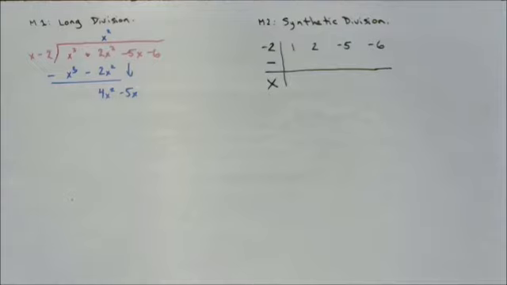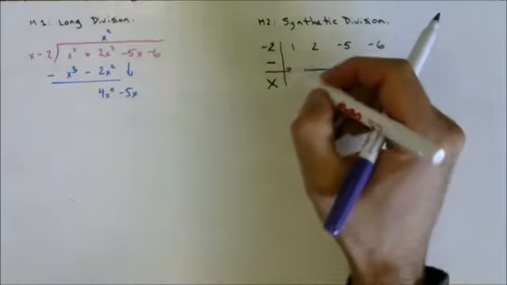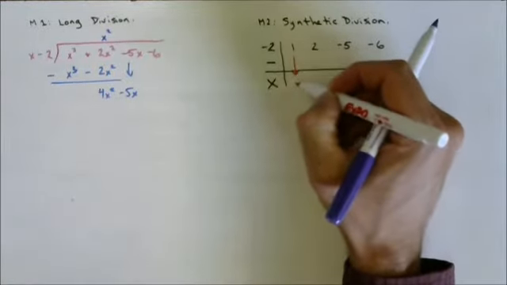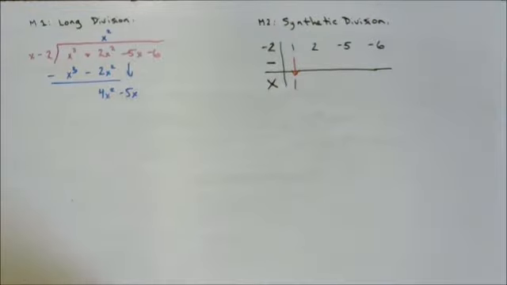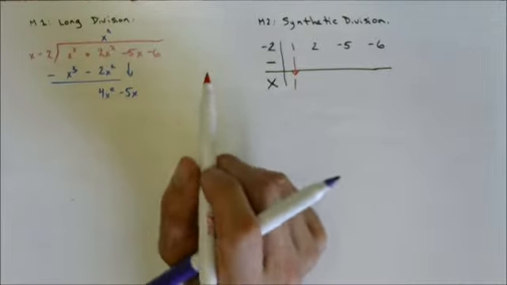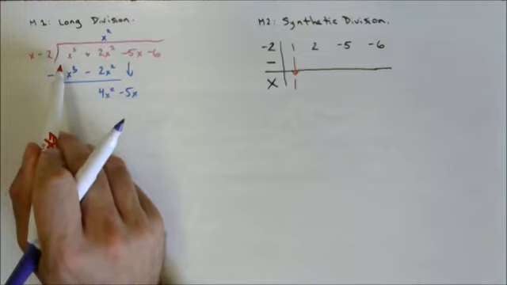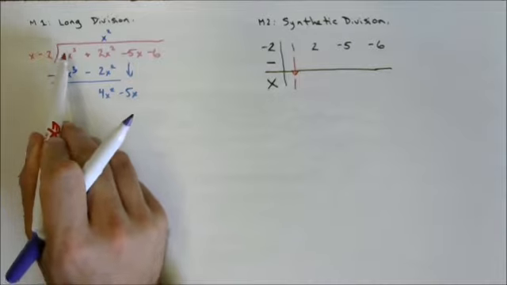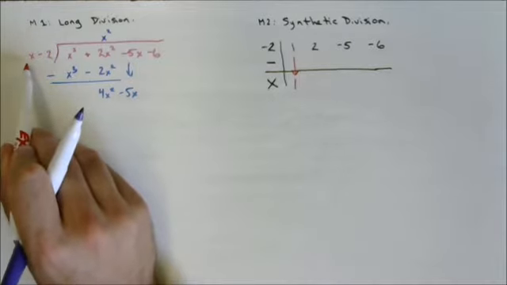The first step, and I'm going to use arrows in different colors and all that, is to simply bring down your first coefficient. Okay? You bring down your first coefficient. What is that the same as? Well, that's the same as saying that the coefficient in front of this term is 1, and I'm dividing it by a binomial that has a leading coefficient of 1.